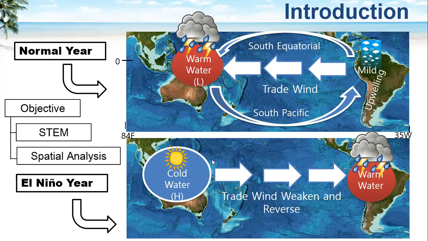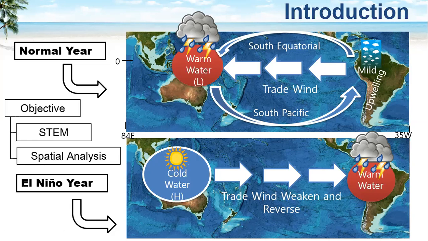So we can see here, this is the normal condition, and this is El Nino. During El Nino, the trade wind is weakening and reversing. Under normal conditions, the trade wind as well as the Walker circulation, in the vertical layer, blows from east to west, known as the easterly trade wind.